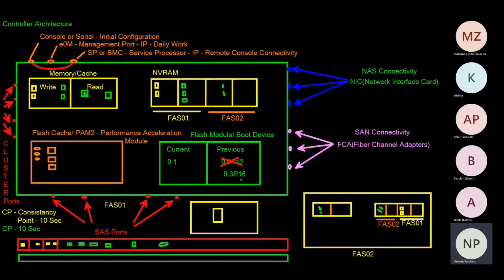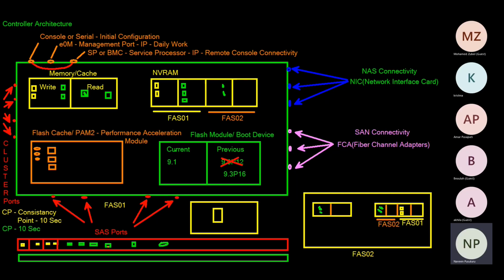When it is rebooted, my controller itself will look into the flash module, and it will be able to discover the latest version. Now it has discovered 9.3 P16, which is the latest version of ONTAP.